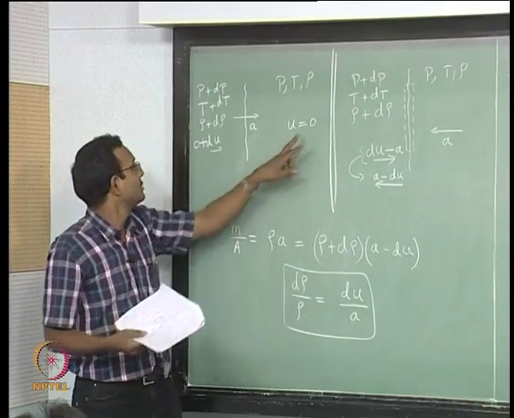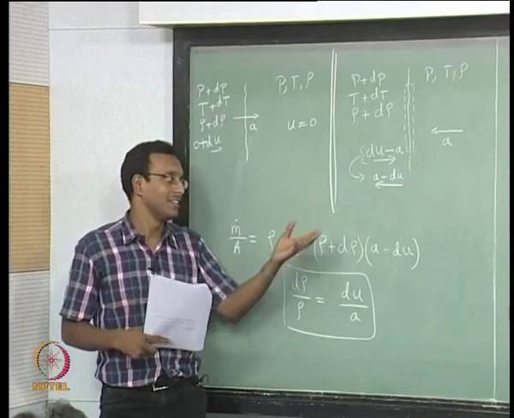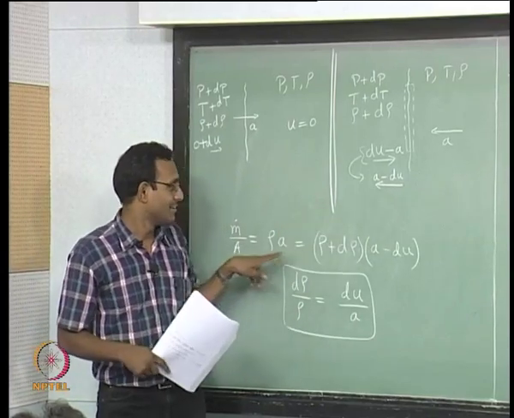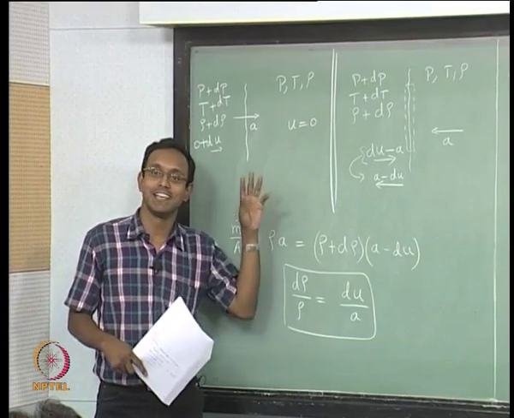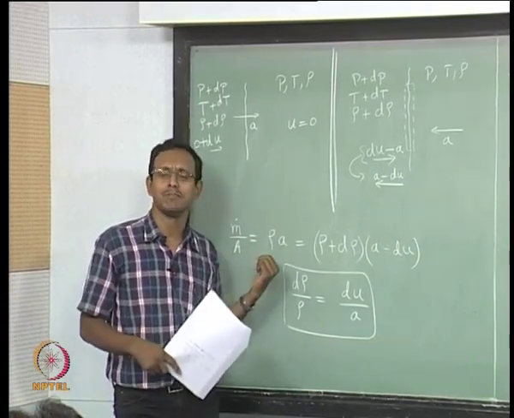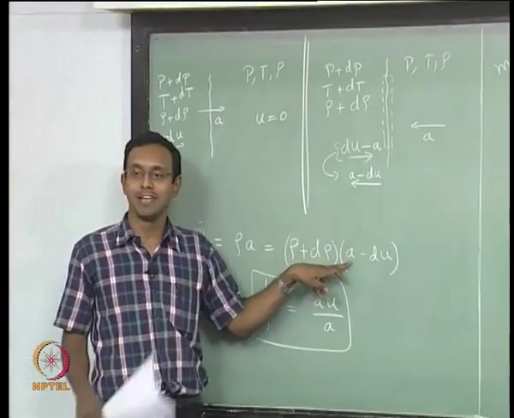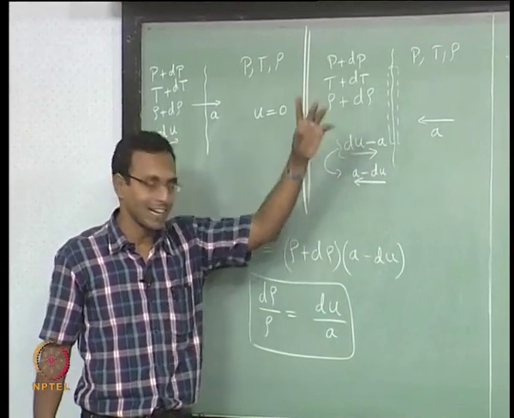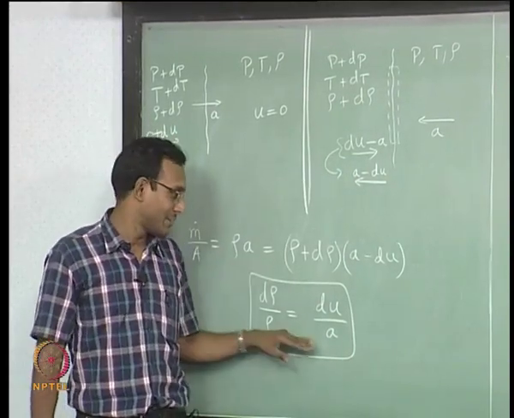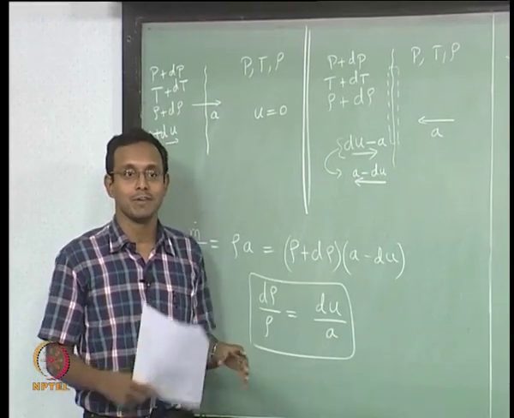You will get to the exact same expression. You will just find that V will get cancelled in every place like this. You will have a rho A plus V here and that will just get cancelled automatically. It will be A minus V, by the way. That same thing will happen here, it will be A minus V minus du, it will get cancelled, A minus V directly. Like that every place it will get cancelled. You will end up with the same final form of this differential equation, exactly the same equation.